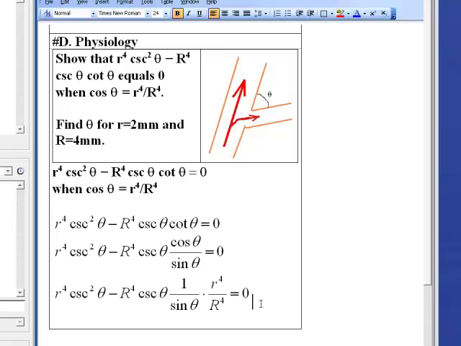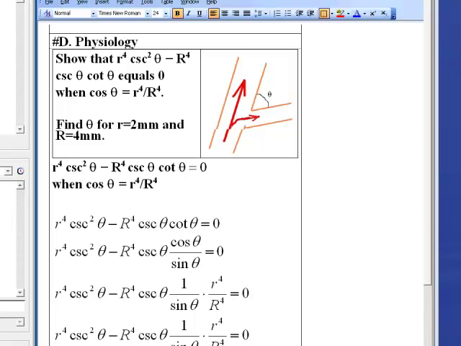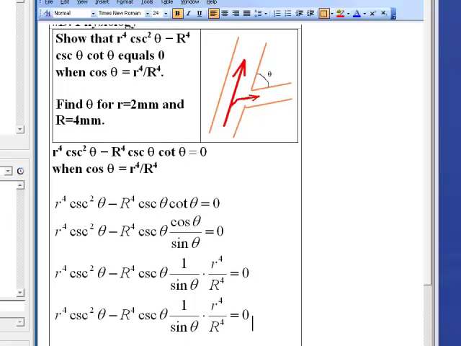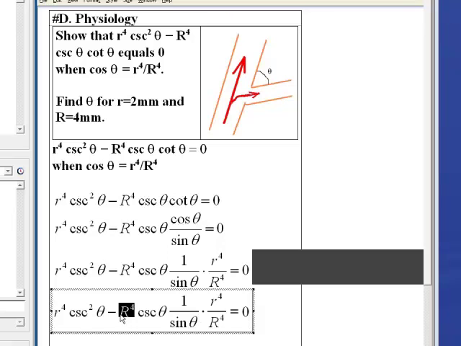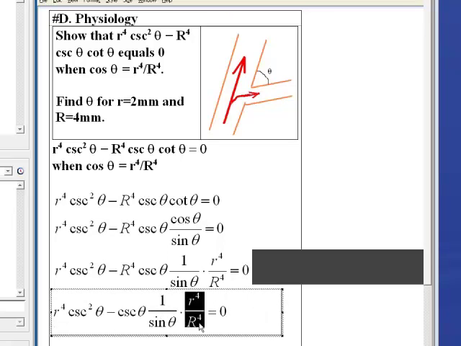At this point here, even though this looks quite complicated, I'm actually virtually done. Watch what happens. Of course, this r to the fourth here cancels with this r to the fourth. So I simply have an r to the fourth right here.